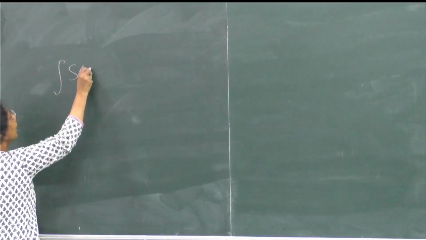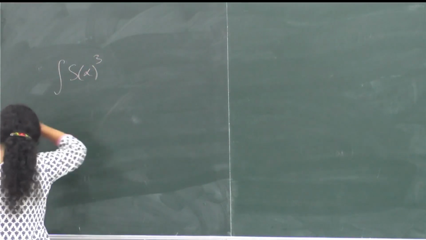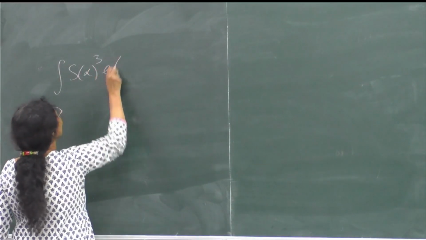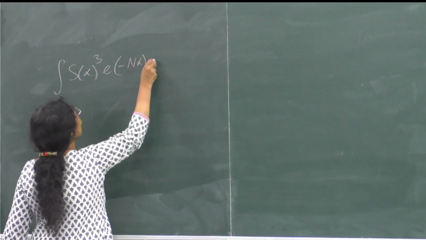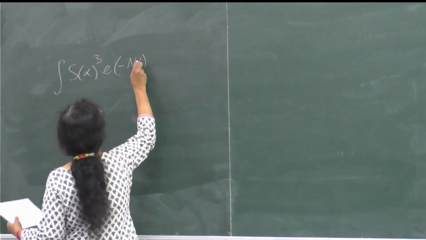So remember again the last formula that we had, the left-hand side of that, what was it doing? It had S alpha cubed times exponential of minus n alpha, d alpha.